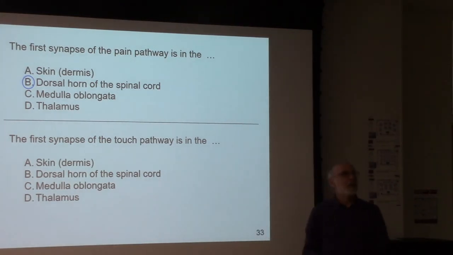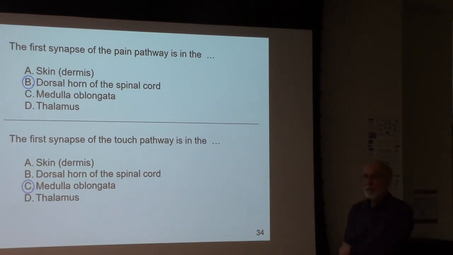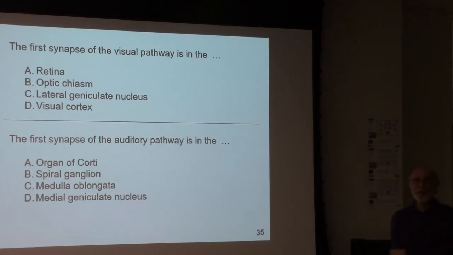The first synapse of the touch pathway is in the medulla. If you wrote thalamus, you're not far off, but it's not quite right. Okay, the first synapse of the visual pathway.